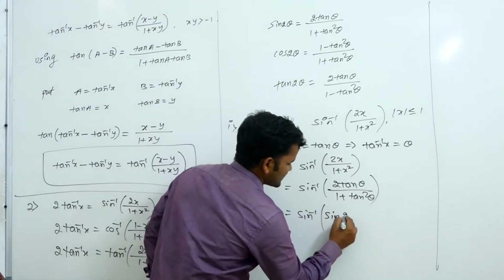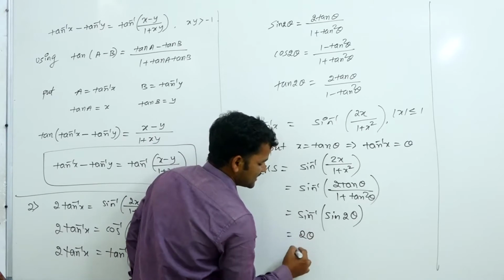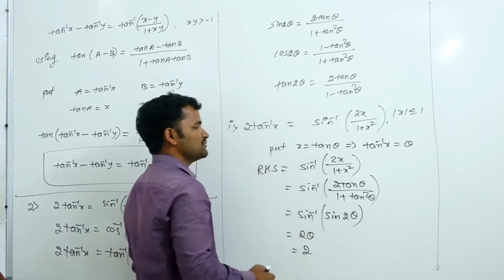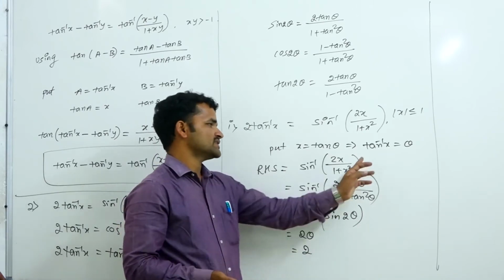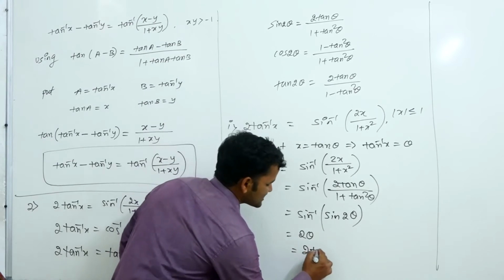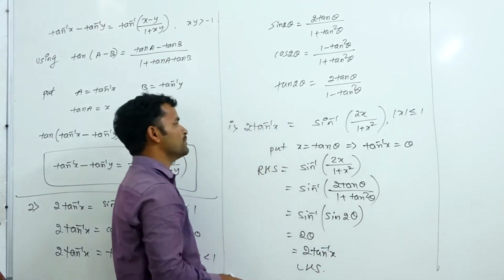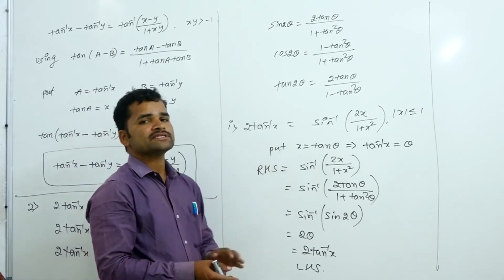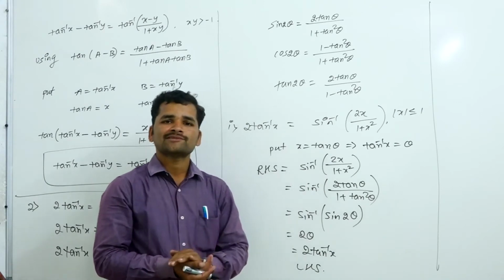Sine and sine inverse get cancelled. This is nothing but 2 theta. X is equal to tan theta we have substituted, then tan inverse of x is equal to theta. So 2 times tan inverse of x. This is nothing but LHS. Hence the proof: 2 times tan inverse of x is equal to sine inverse of 2x by 1 plus x square.